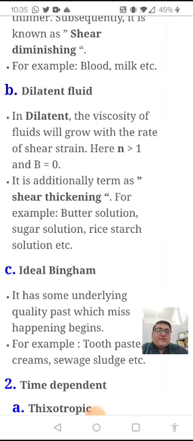For example, butter solution, sugar solution, rice starch solution. From the examples you are able to visualize that as the butter solution flows, the thickness is going to increase. So that is why it is called a dilatant fluid. So butter solution is an example of a dilatant fluid under non-Newtonian fluid, correct?